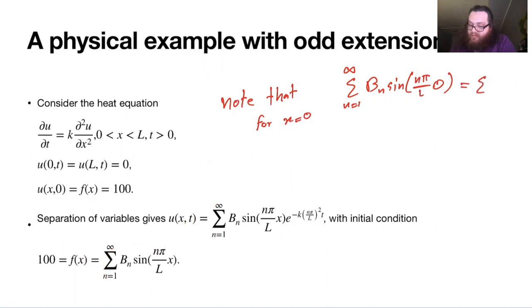This becomes the sum from n equals 1 up to infinity of b sub n times 0, which is just 0. On the other hand, f of x, especially if we're defining this initial condition at x equals 0, the value of the function, the initial condition, is going to be 100, which is not 0.